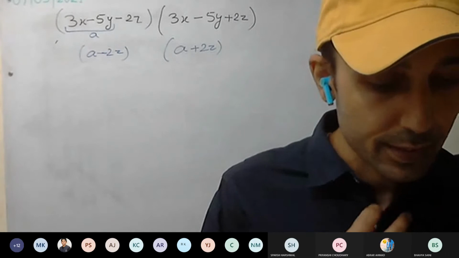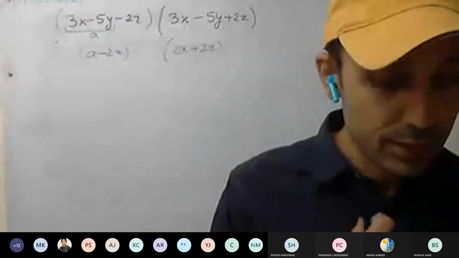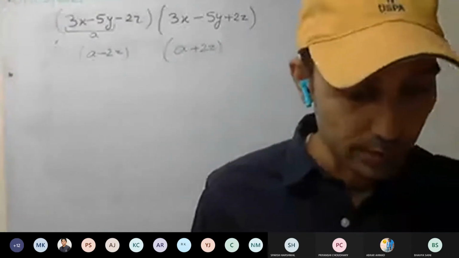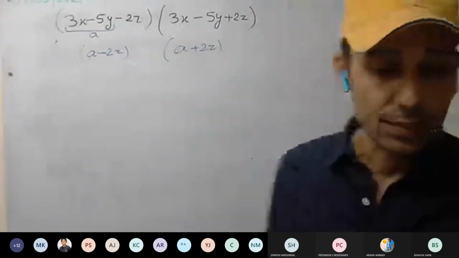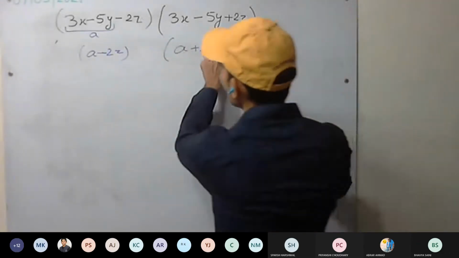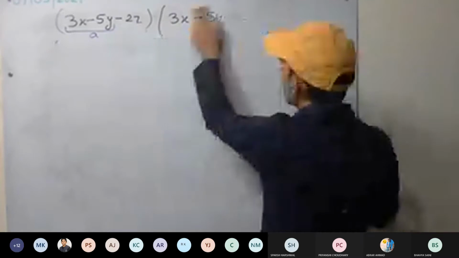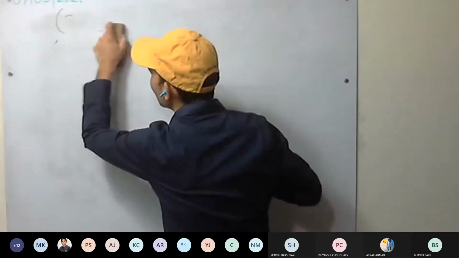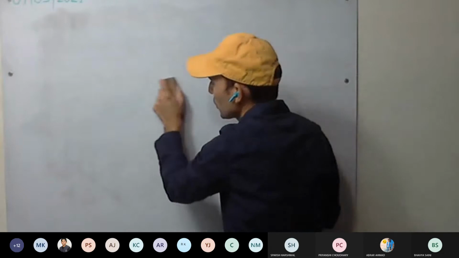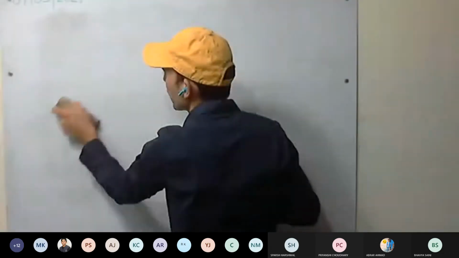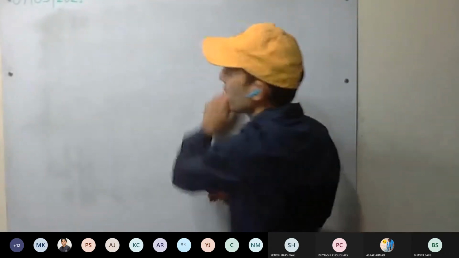The sum of two numbers is 9. Their product is 20. Find the sum of their squares and cubes. So the sum of two numbers is 9. Suppose two numbers. Which letters should we take, AB or XY? Which one you like? Whichever two letters you like, you can take.